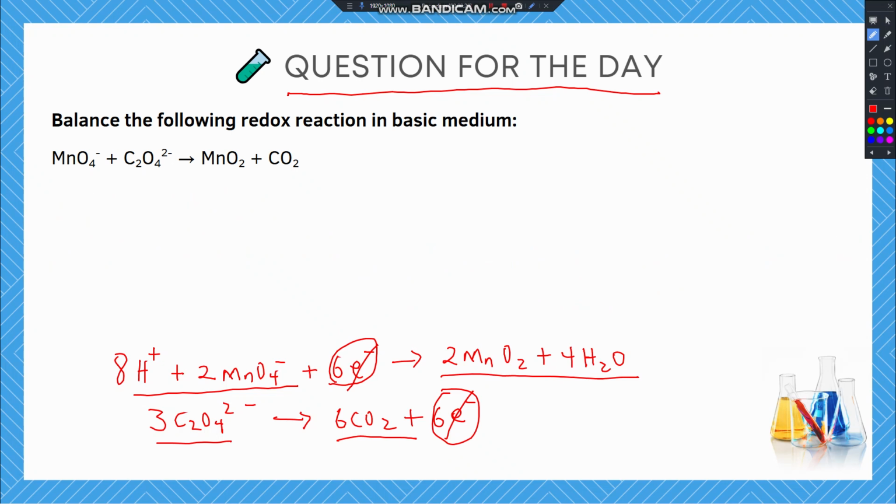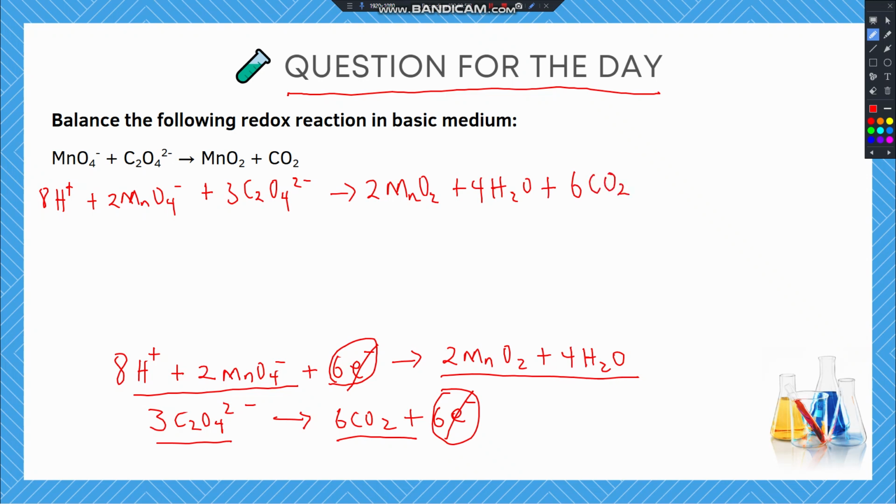So adding them together now, what we end up having is 8H plus, 2MnO₄ minus plus 3C₂O₄ 2 minus yields 2MnO₂ plus 4H2O plus 6CO₂. So we've added both reactions together.